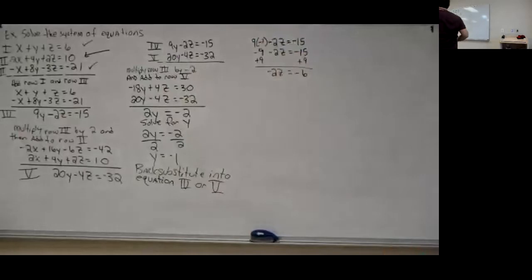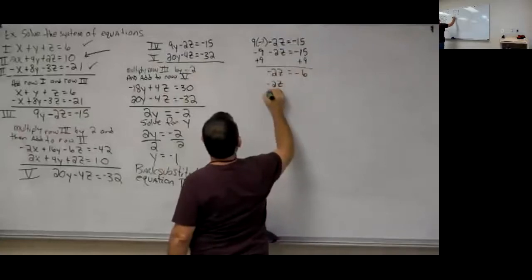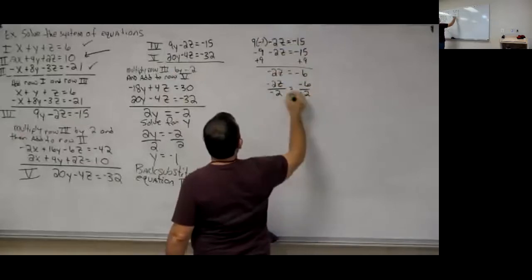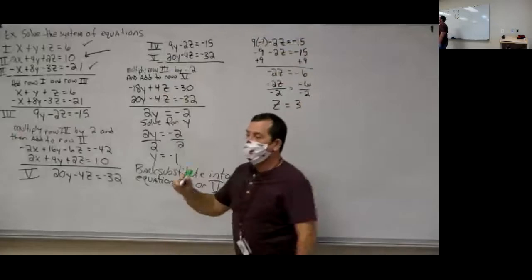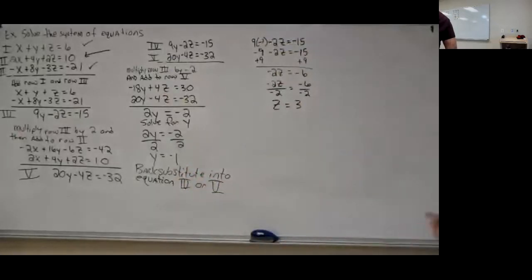So it looks like one more move, I know what the z is going to equal. I'm going to come in and divide both sides by the -2. So all these negatives are going to make me a +z equal to a +3. But y'all notice now I got the y I know is -1, z I know is 3.